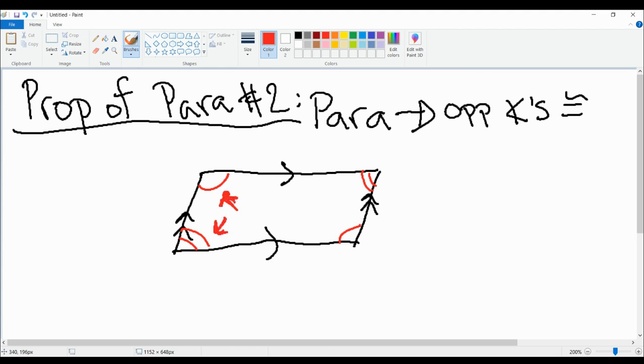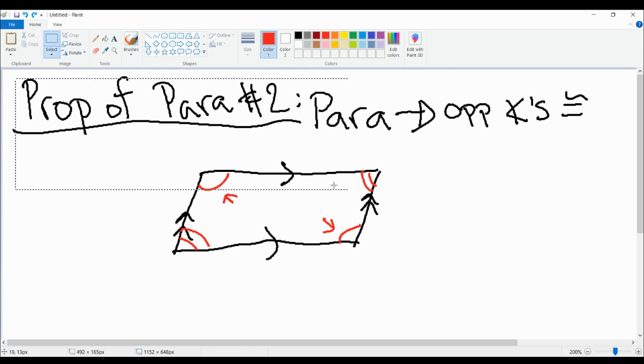These are corresponding or alternate. These would be opposite, this one and this one. So basically, it's the angles that lie on the diagonals of the parallelogram. This would be a diagonal. So this angle lies on the diagonal and this angle. Since those two angles lie on the same diagonal, they would be congruent. So that's the property of parallelograms number 2.